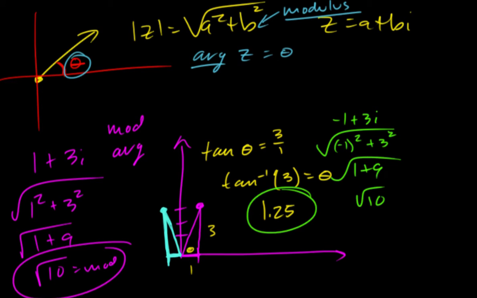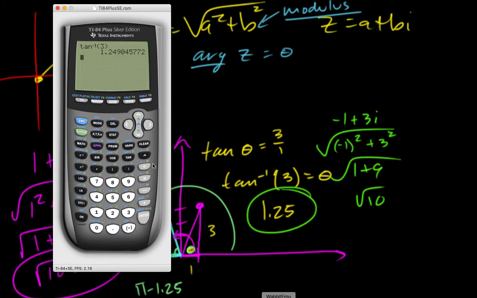And the measurement of the angle is going to be this. And so I think the way that I would approach this, I would think of it as this rotation is going to be pi. And then I'm going to subtract out this same angle, which would be this, which is 1.25.